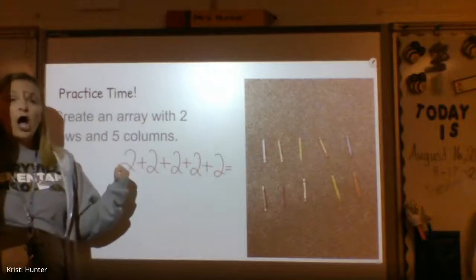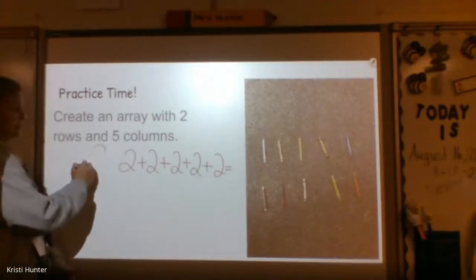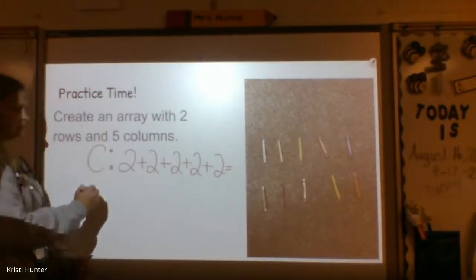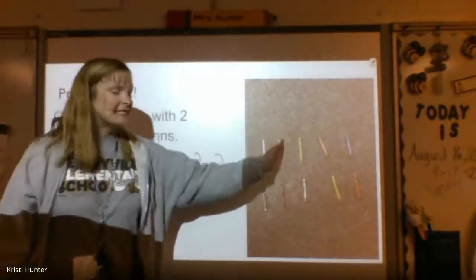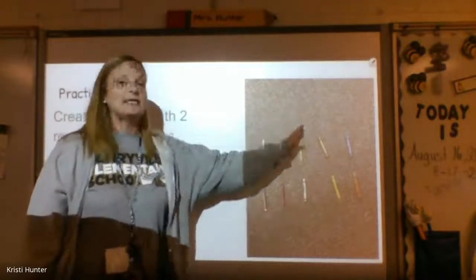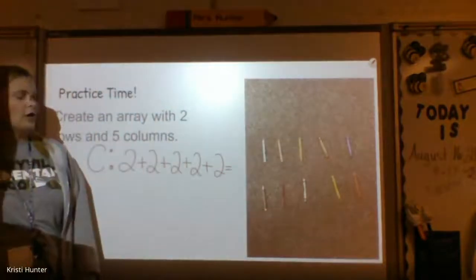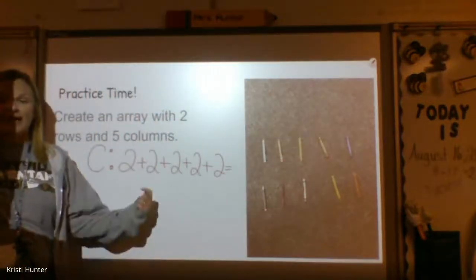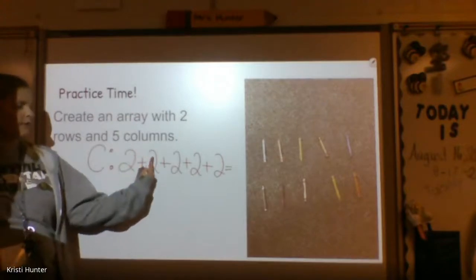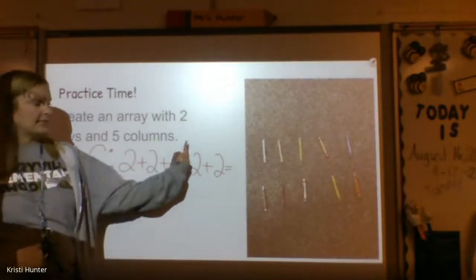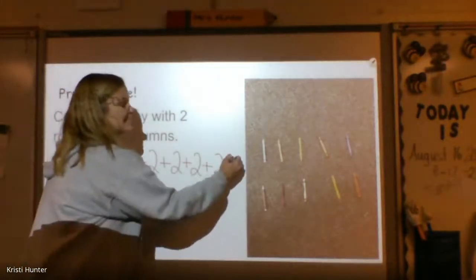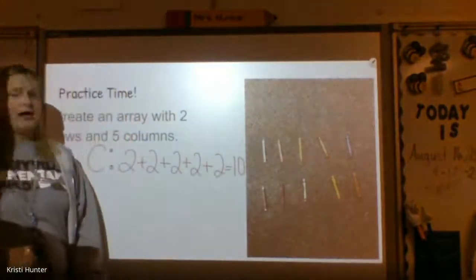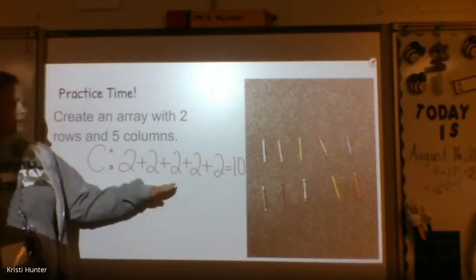This is my column equation, because I looked at how many was in the first column, how many's in the second column, how many's in the third column. All right, we got to count by 2s. Ready? Count with me. 2, 4, 6, 8, 10. We used 10 of our items to build this array.